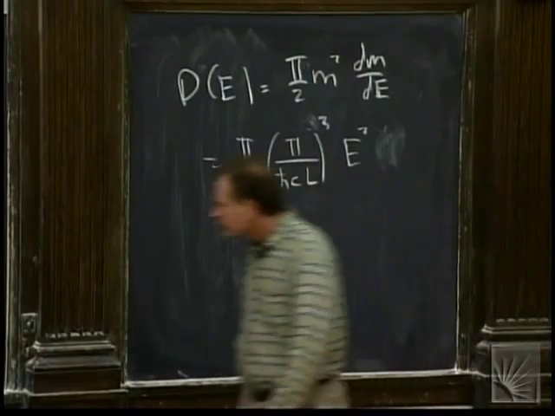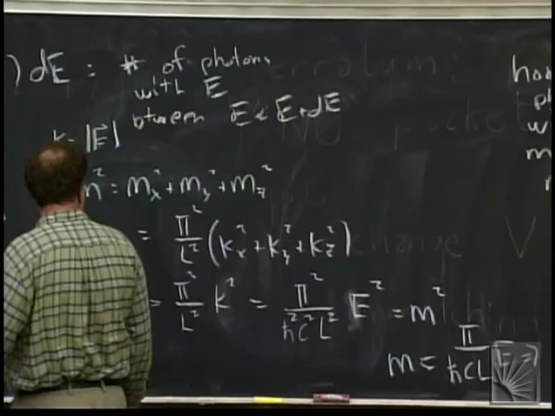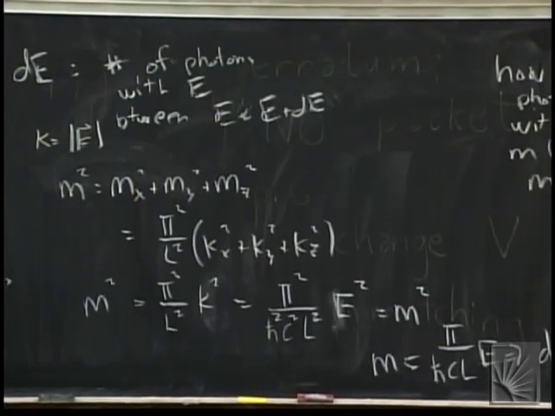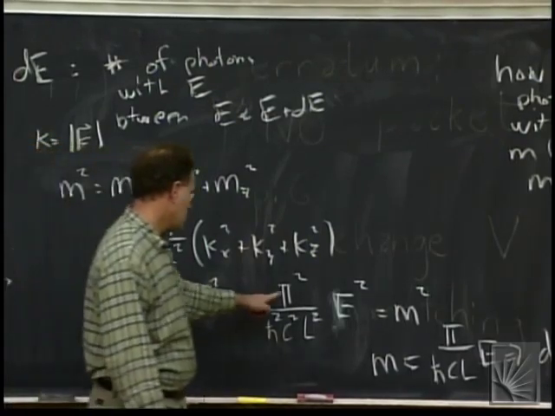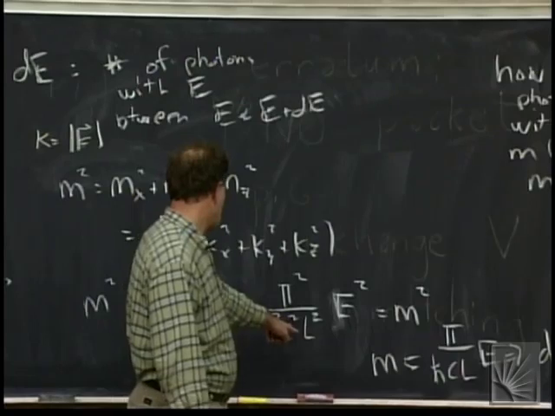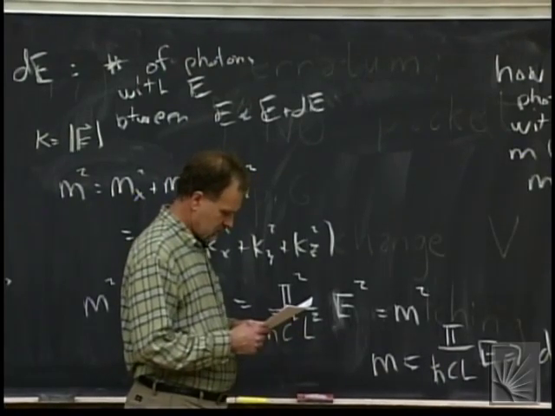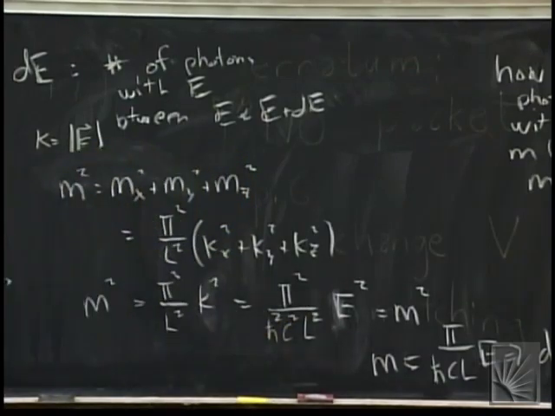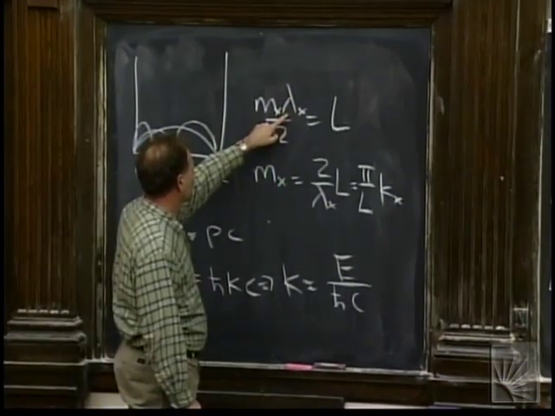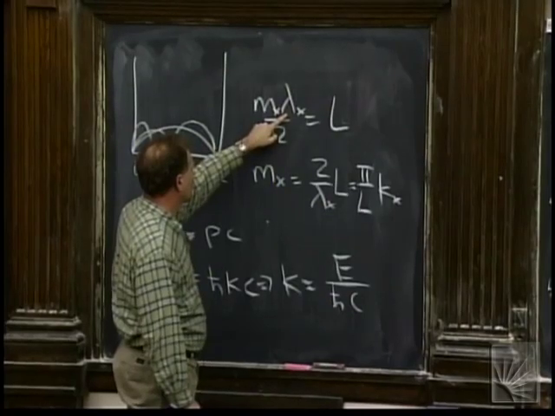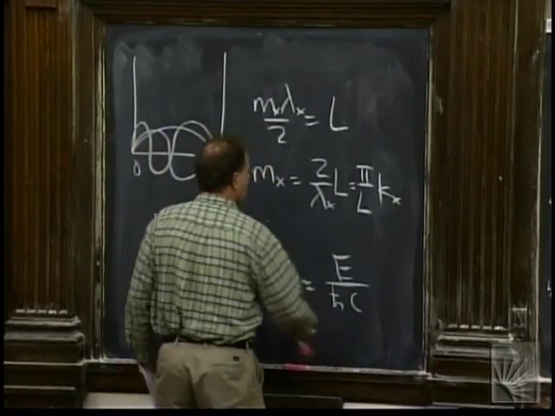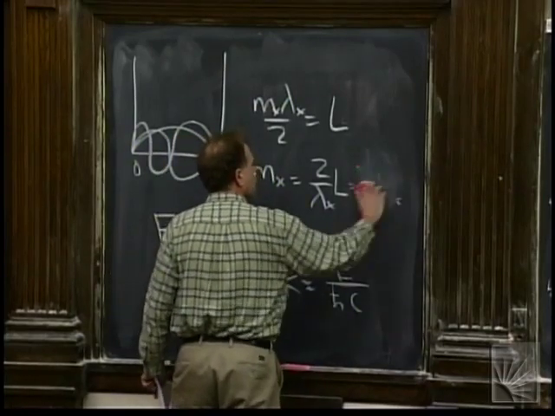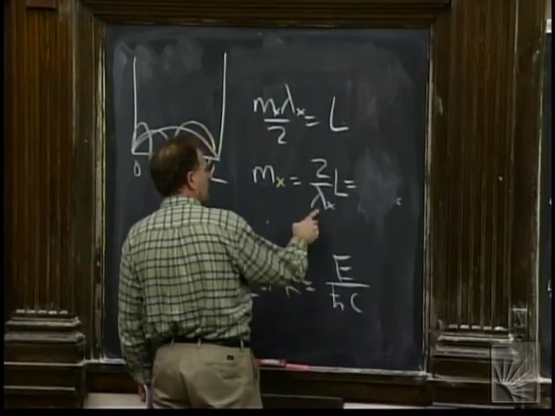I made some simple error going right here. m is pi L over K, pi over LK. So what did I do wrong? I went too fast.